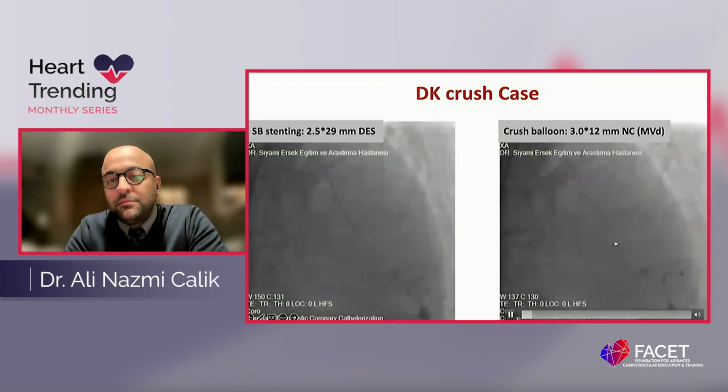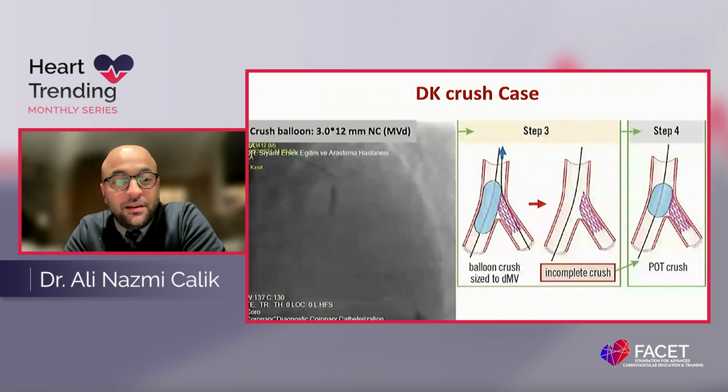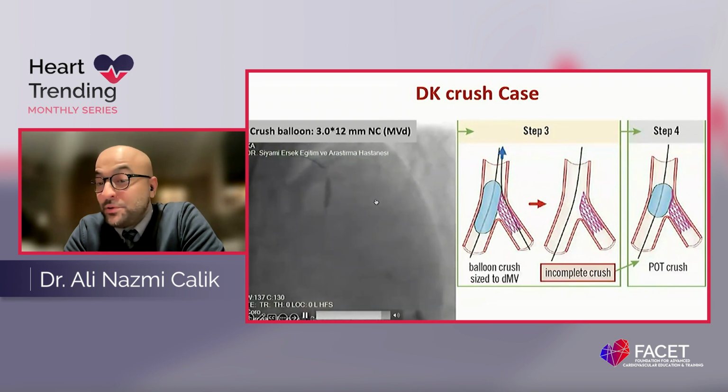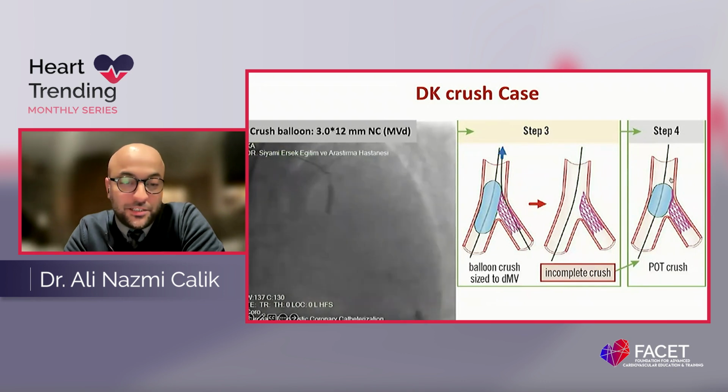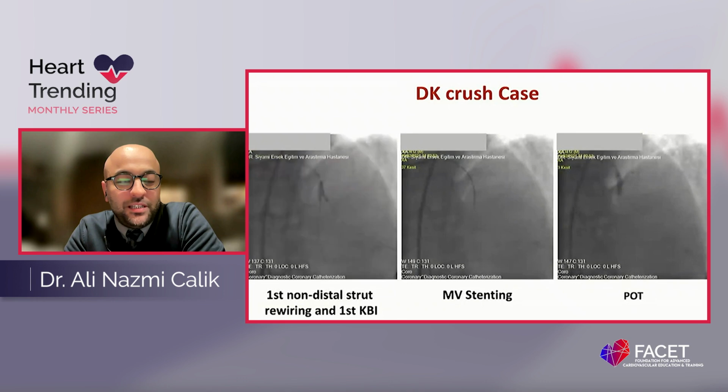Then it is time for a crush. But as you can see here, I did not perform a POT crush. I did only a classic crush without a POT crush. This is my self-criticism. Then we did a non-distal strut rewiring, which is followed by first kissing balloon inflation.